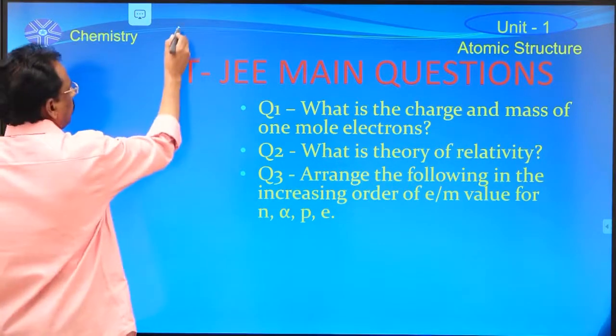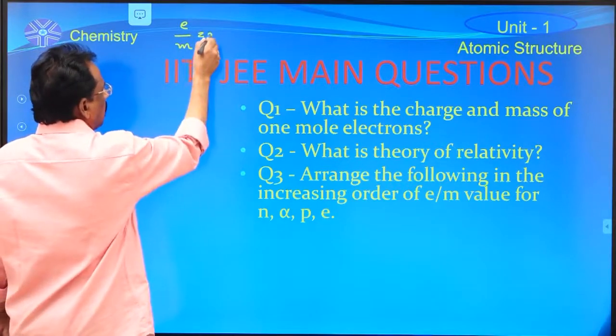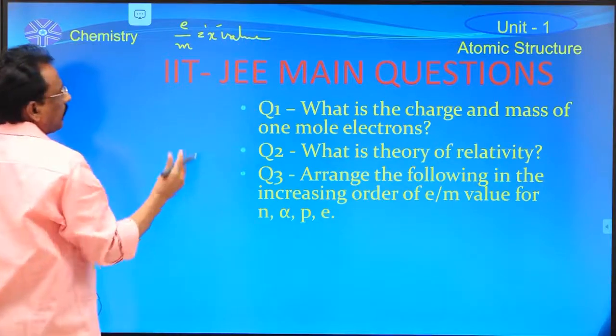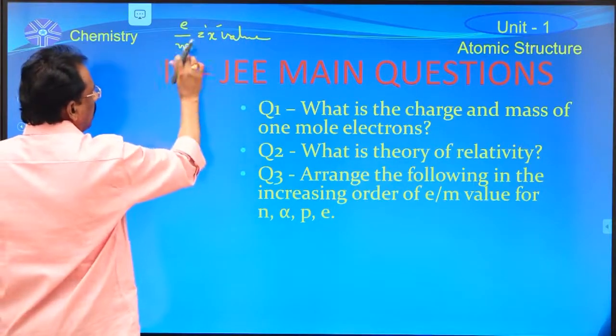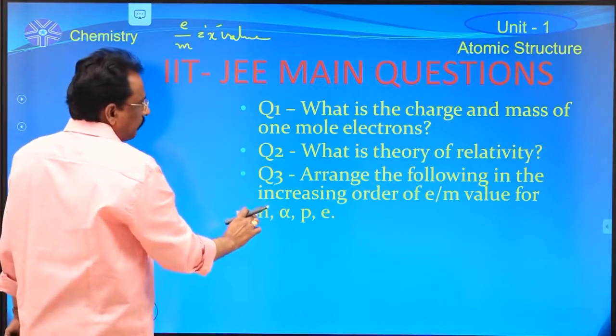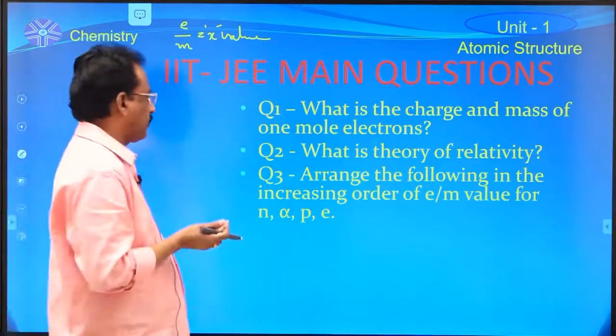So this is the formula to calculate the specific charge of the electron. e by m is equal to some x value. So in this formula, the value and m are inversely proportional to each other. Among these four particles, neutron is a neutrally charged particle.